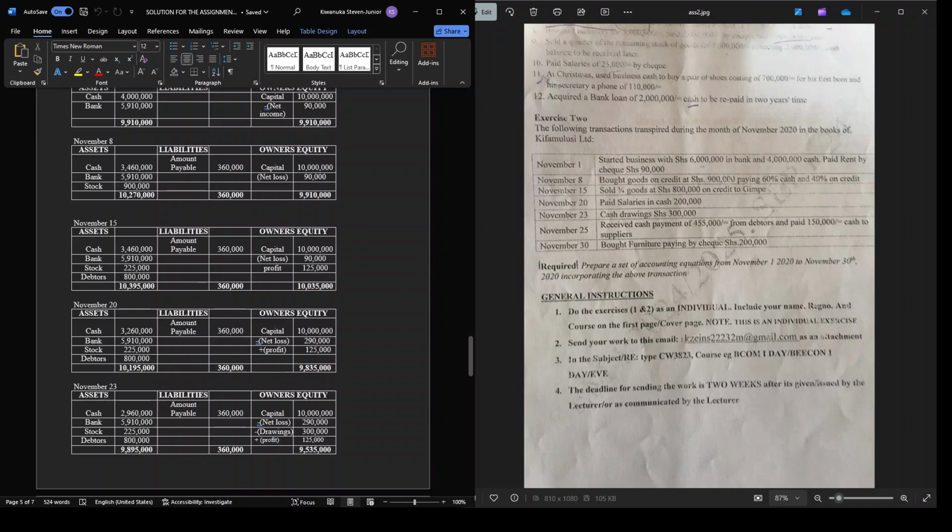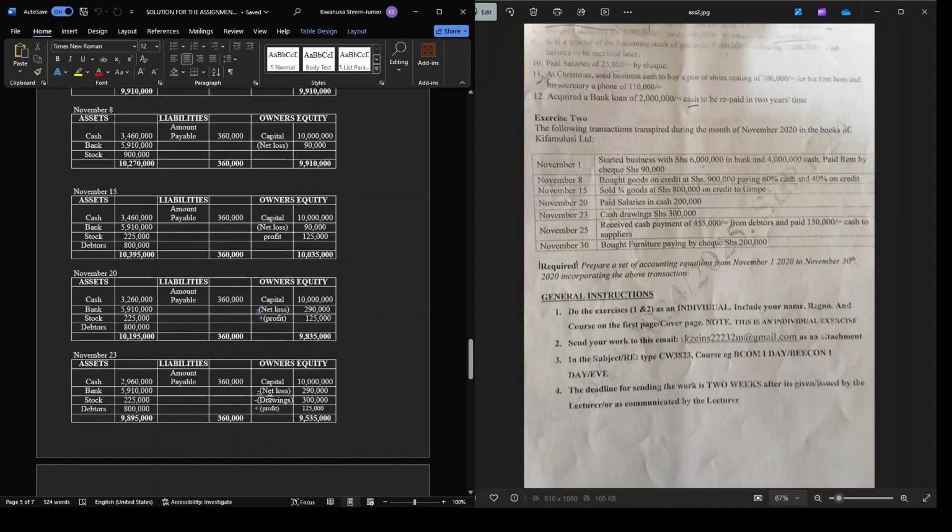Come to 23rd, made drawings worth 300,000. So you come here under 23rd, you put drawings 300,000.